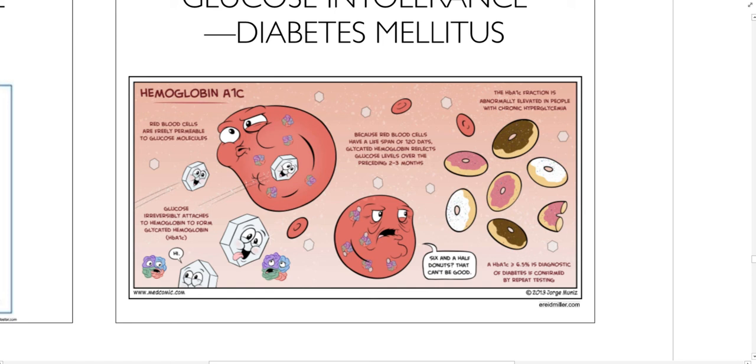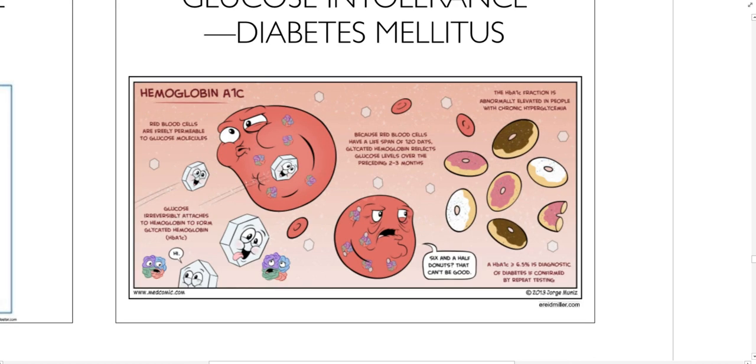So red blood cells are freely permeable to glucose molecules. So glucose can freely go into, this little guy is meant to look like he's inside, like, having entered right here, inside the red blood cell.